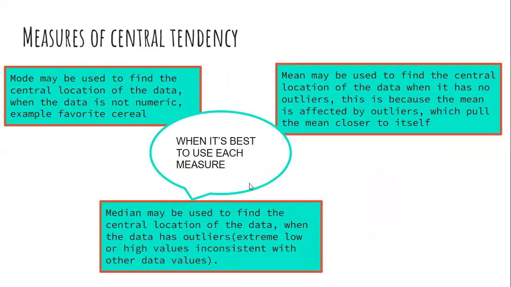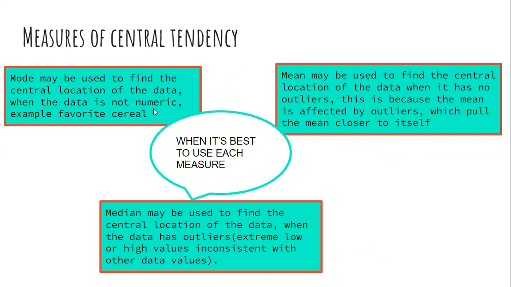Now, a very, very important part of this is, when do we use each measure? Let's think of the mode. It is the most occurring number, right? This is best used when we're using data that is non-numeric. For instance, gender, we are counting how many males and females there are in a specific room.